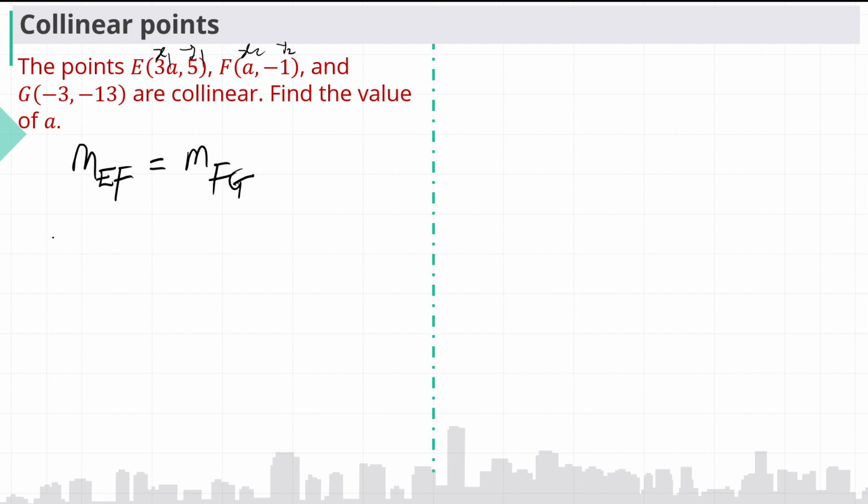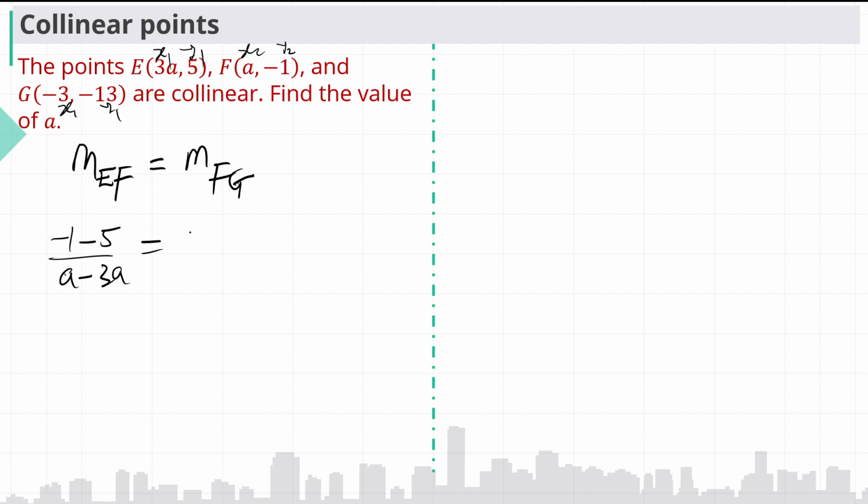And so the left hand side is going to give us minus 1 minus 5 divided by a minus 3a. And for the right hand side, we want to make use of the 2 points F and G. So let the point F be x1, y1.